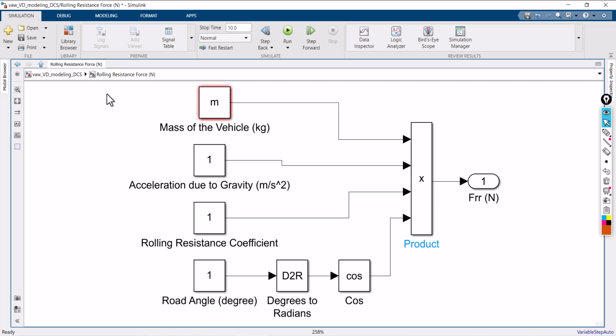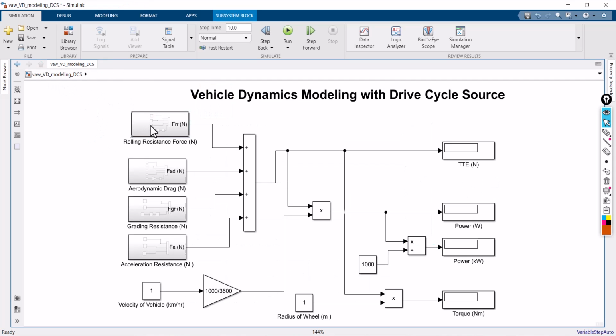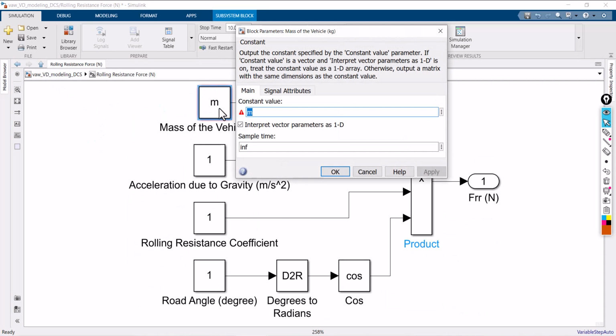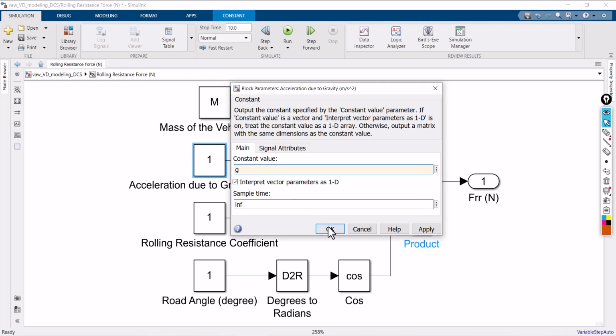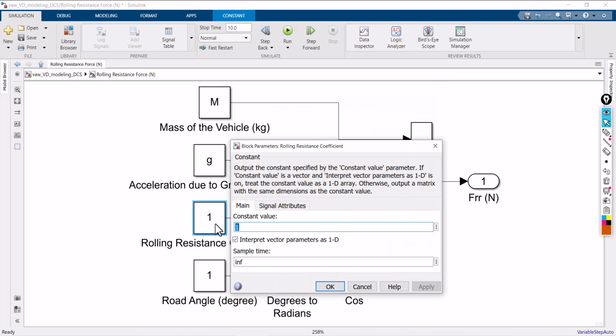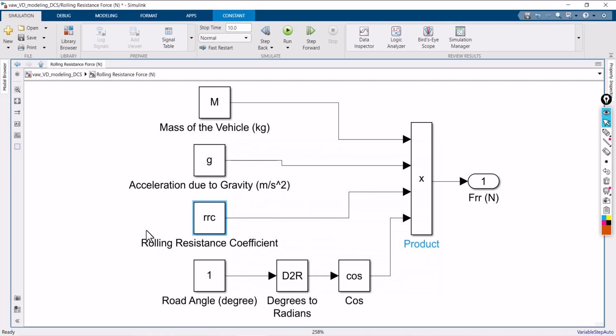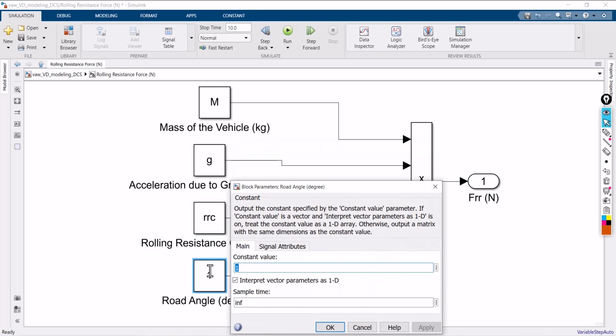Okay, so let me do it one by one. This is capital M. Road angle is alpha.